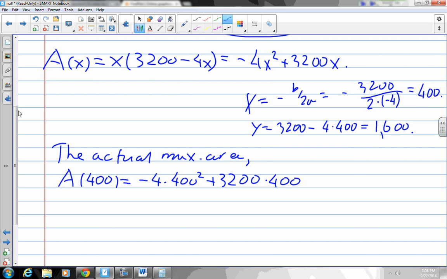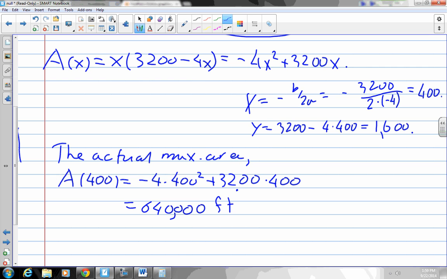It's 400 times 1,600, so it's 640,000 square feet.